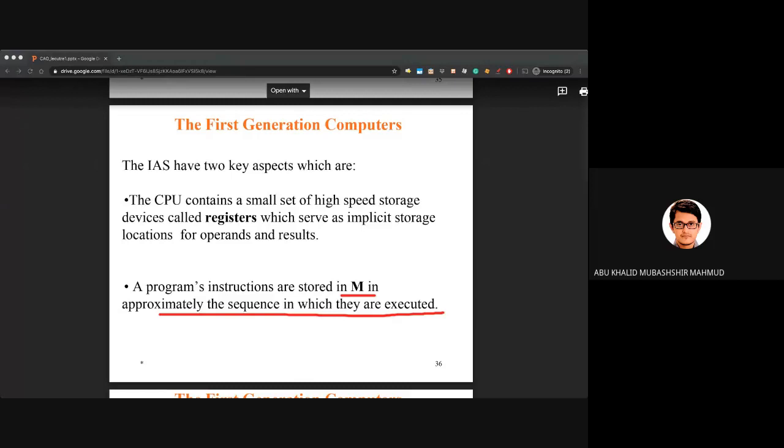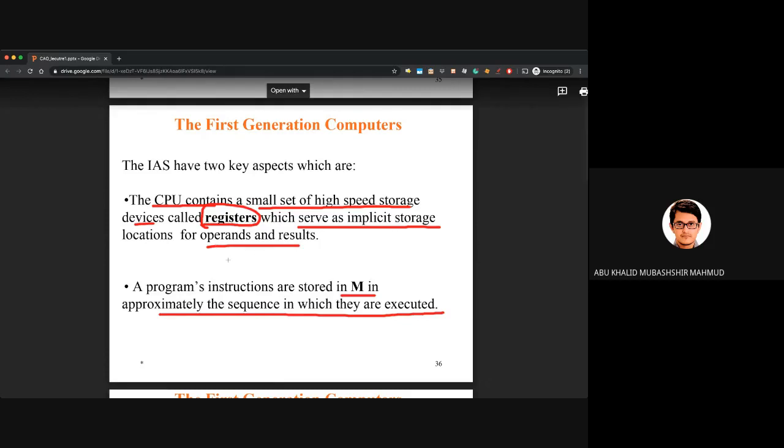To recap these two points, the IAS first introduced the concept of registers, which is a small set of high-speed storage devices which serve as implicit storage locations for operands and results.